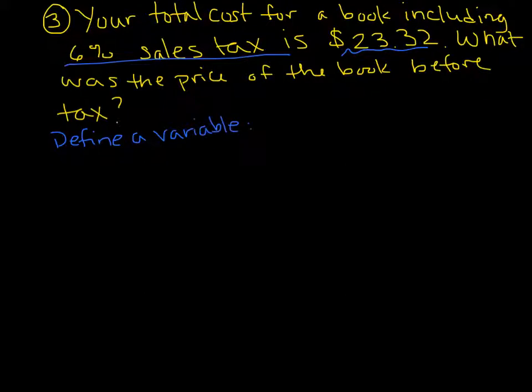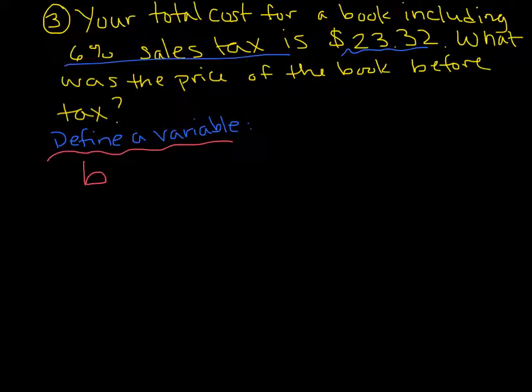And when I ask you to define a variable, what that means is you need to write out a variable that represents what you're looking for. So I'm going to use the variable b. I'm working with books, I like b. And so now you need to figure out what is it that you don't know and that you're trying to find.